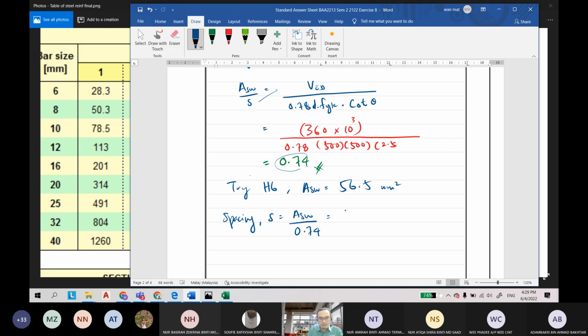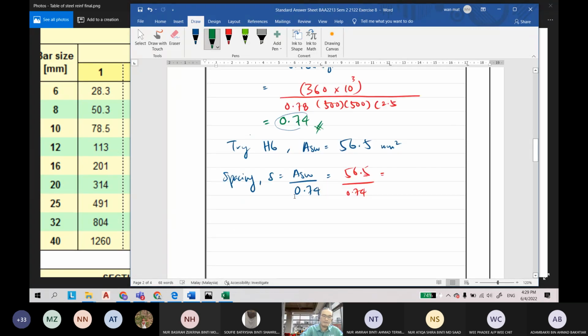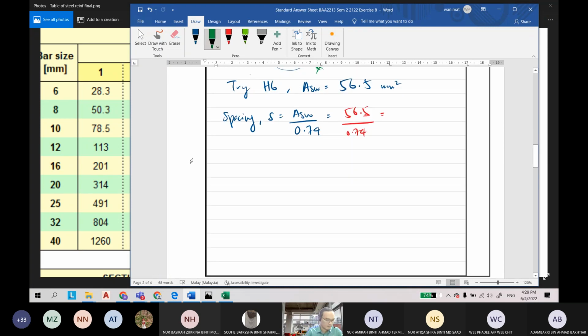So S is equal to 56.5 divided by 0.74. What is our spacing now? 76 mm. So we use S equal to 75 mm.